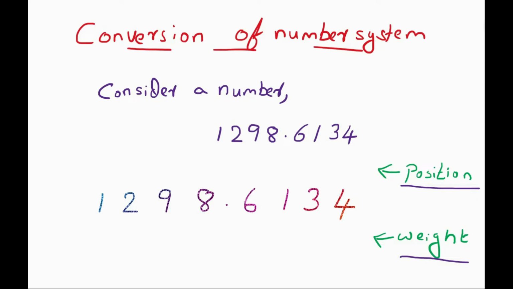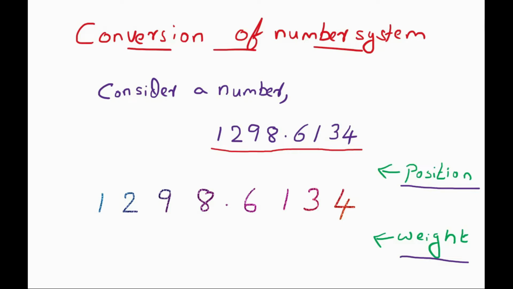For that, consider a number 1298.6134. It can be a decimal number or a hexadecimal number. Consider this is a decimal number.